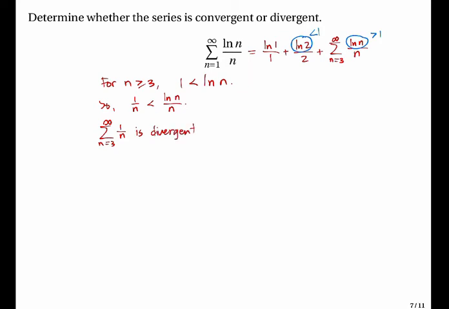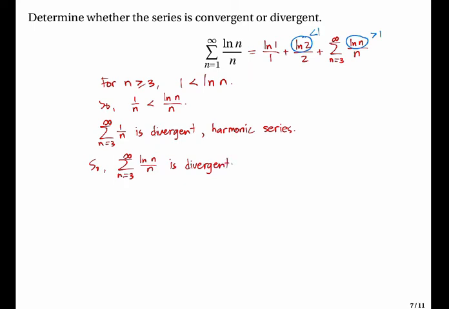It is a p-series with p equals 1, or we know that this is the harmonic series. Okay? And therefore, since we have this inequality here, it follows that the series sum of ln n over n from 3 to plus infinity is also divergent.